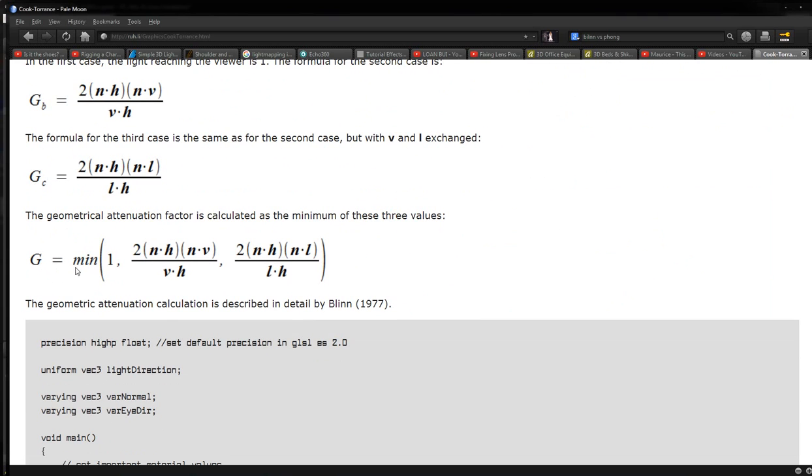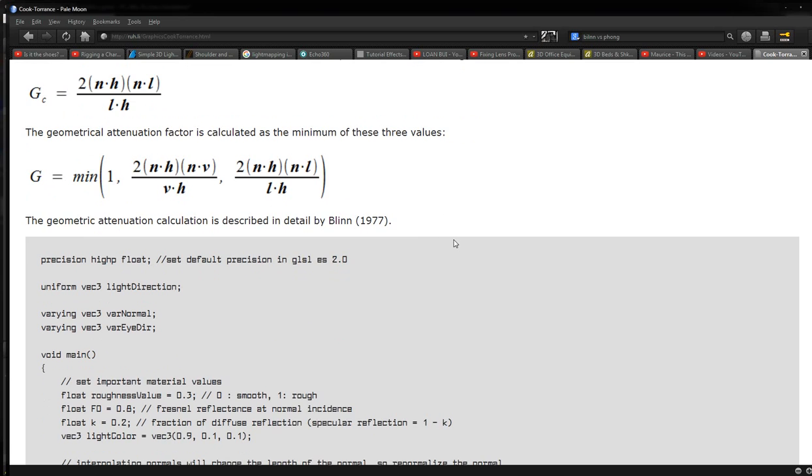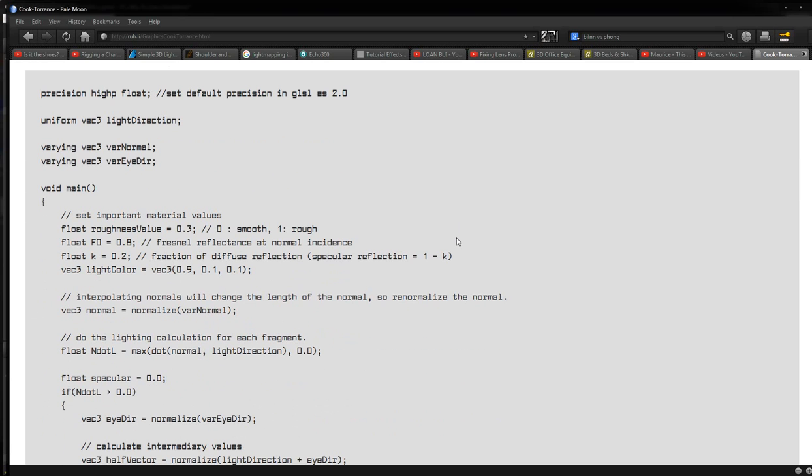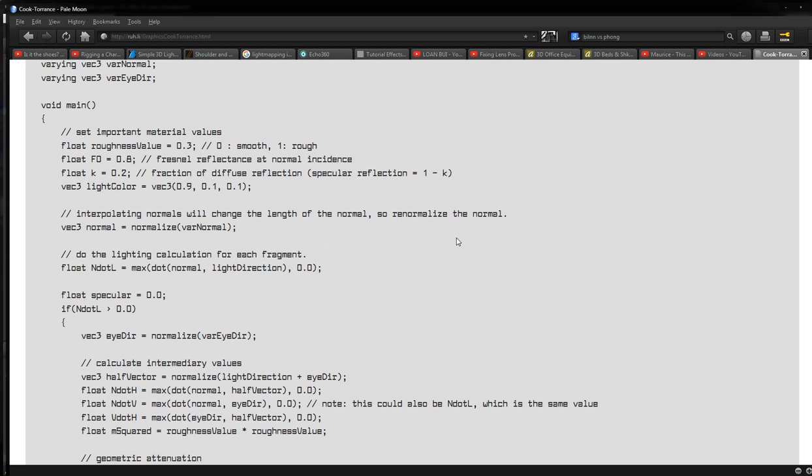And so you take the minimum of these 2 functions, but you put a 1 out front. It's a vector, so it needs three directions. And so this is how a Cook-Torrance shader looks.